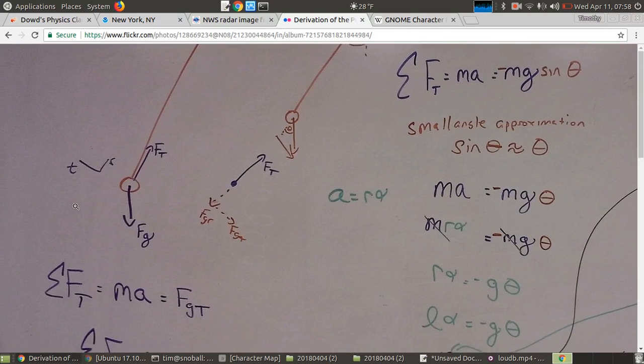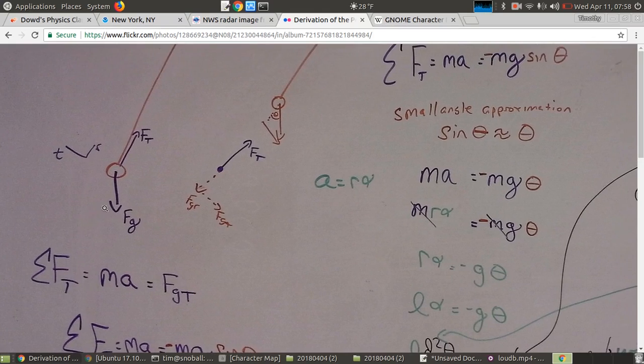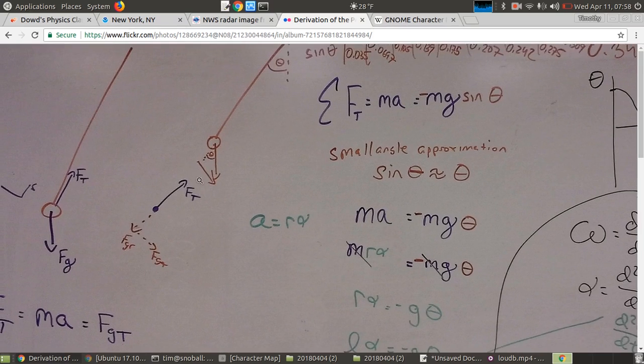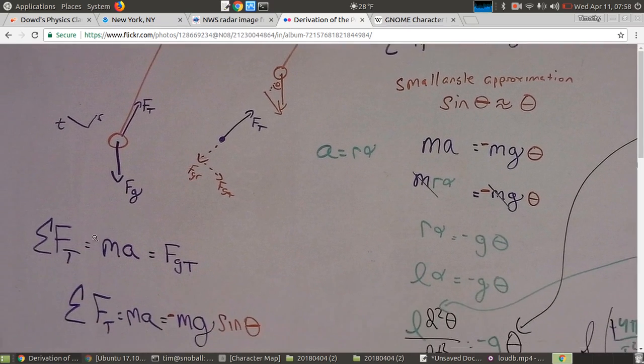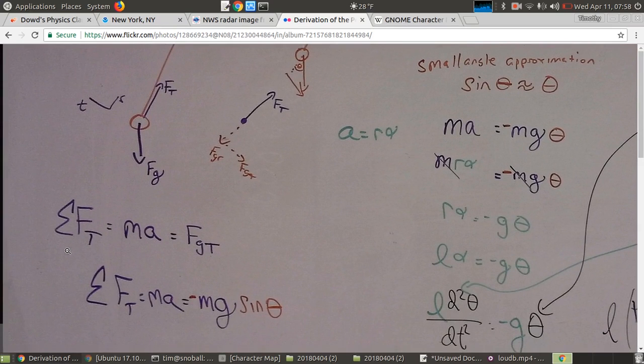What I want to do is look at the net force along the tangent direction. Usually we've looked at radial for circular motion. So the only tangential force is the component of Fg that is tangent to the circle. So I've written sigma F equals Fgt for Fg tangent.